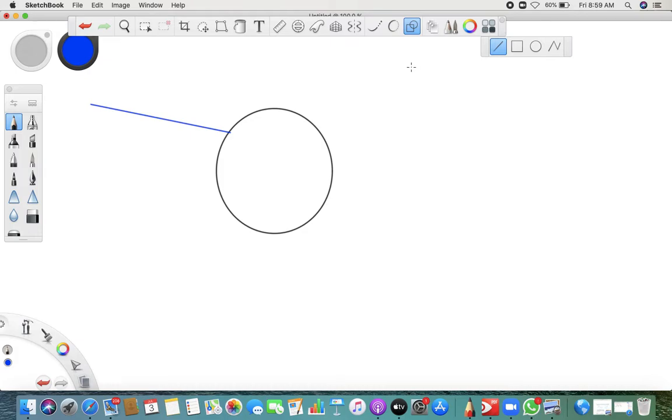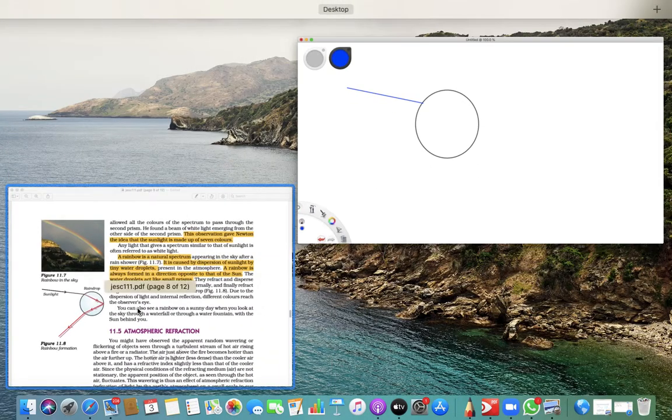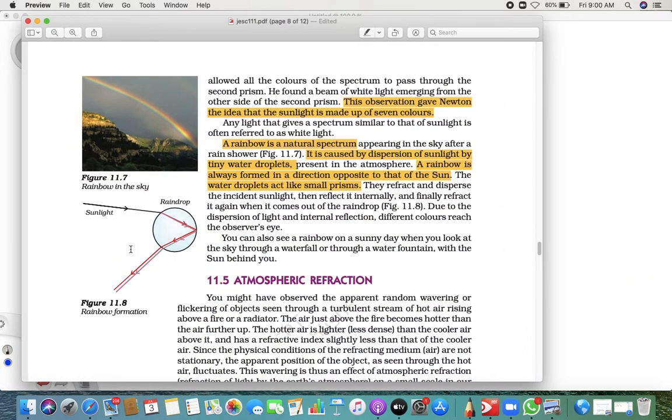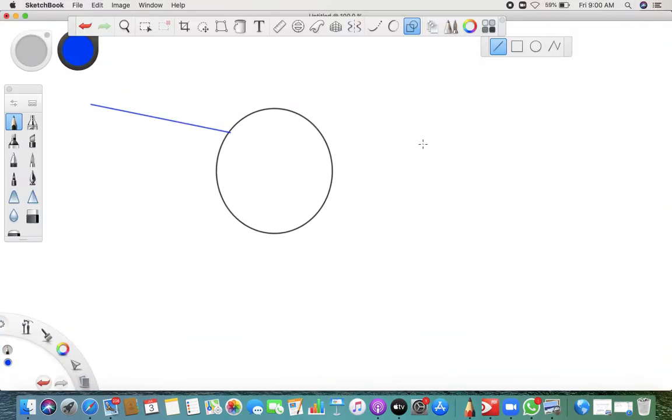So basically two phenomena happen here at the same time: one is refraction, and the other is dispersion. The light splits and also bends, because the medium changes. The light is going from air to water, so definitely the medium changes, and it will split.